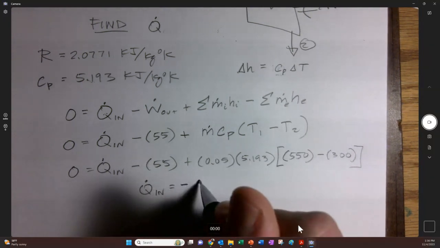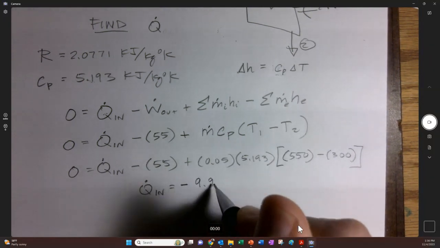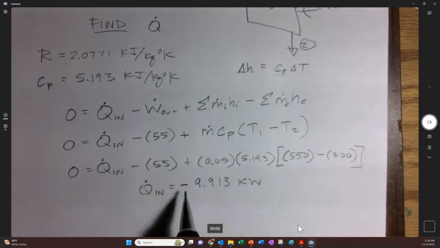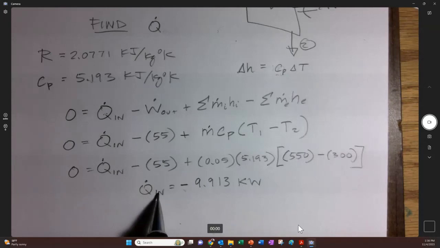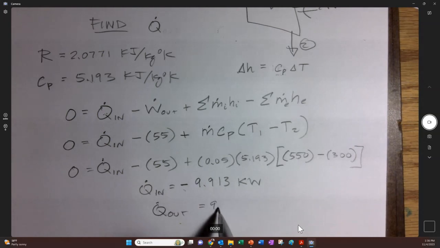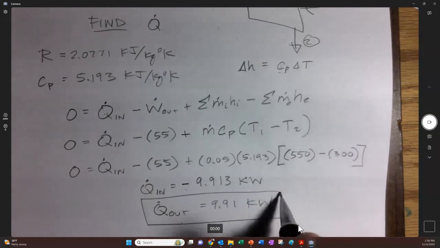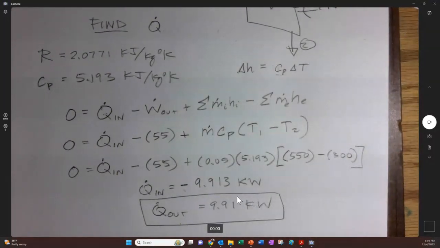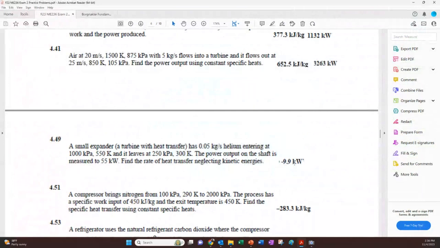And sure enough, it's going to be negative 9.913. And these are kilowatts. And that negative indicates, well, it's not in, it's actually out. So Q dot out is 9.91 kilowatts is what we would say for the thing. And if we were to check it against what this was right here, we say 9.9.